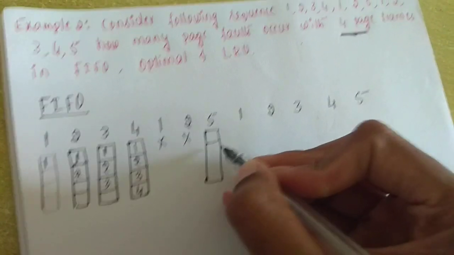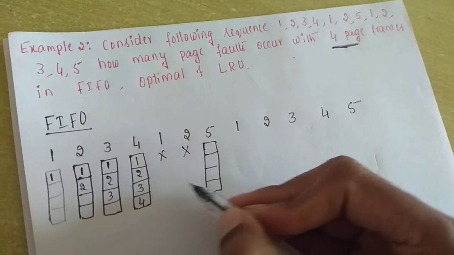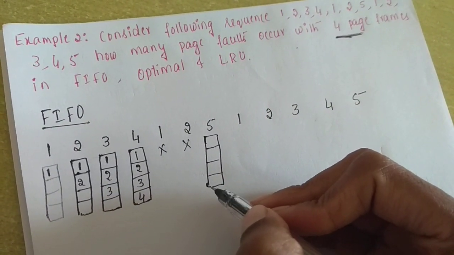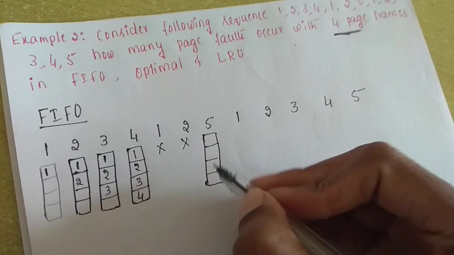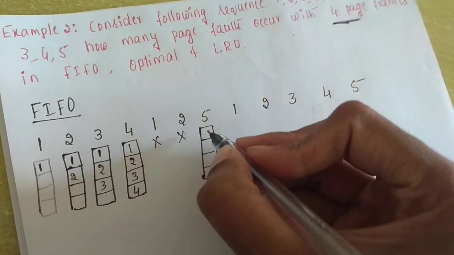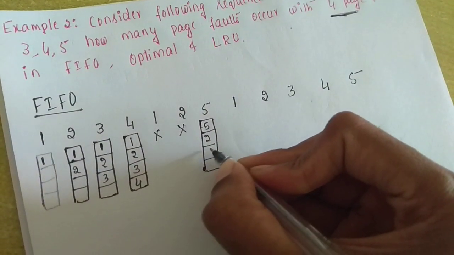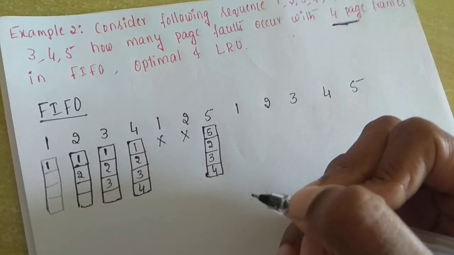Since it is FIFO, you need to consider first come, first out. The first come element is 1, so I'm going to replace in place of 1. The remaining elements 2, 3, 4 as it is you can write.